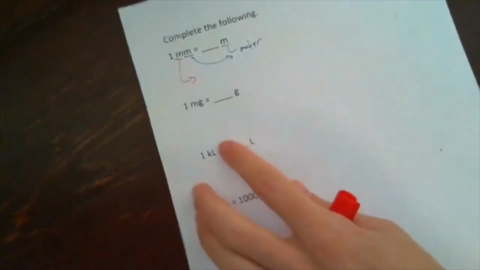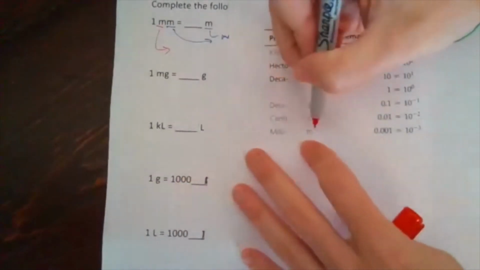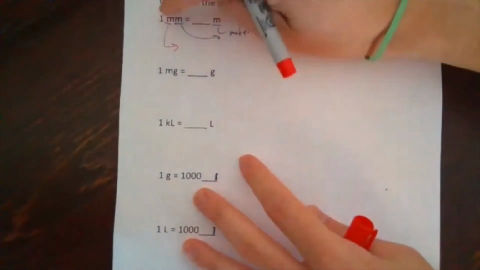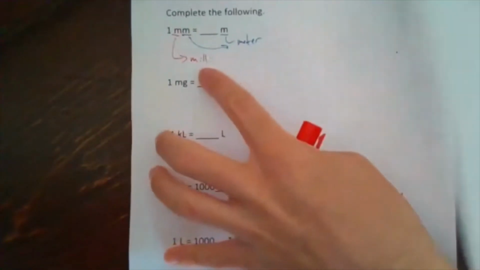And so if I want to interpret my prefixes, I can always just look them up and I can see that little m is milli. And so this is 1 millimeter. And I can literally just look up what milli means numerically. It's 0.001.